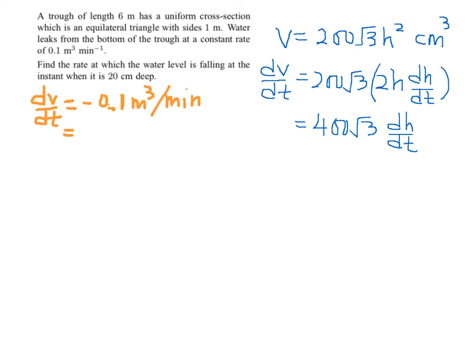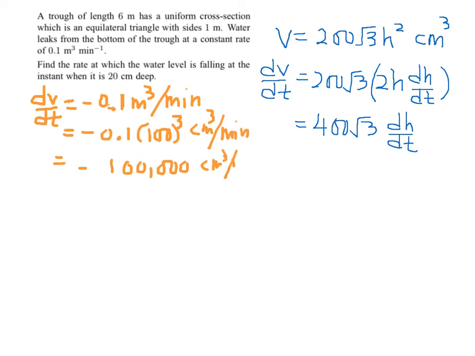So that would be 0.1 times 100 to the power of 3, in cm cubed per minute, and in the end you have negative 100,000 cm cubed per minute.